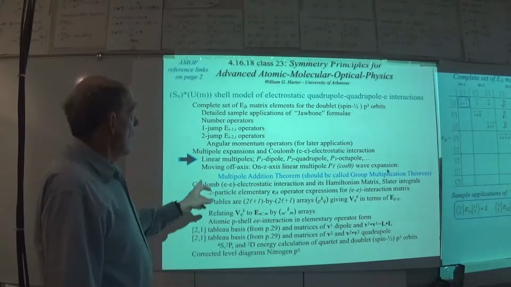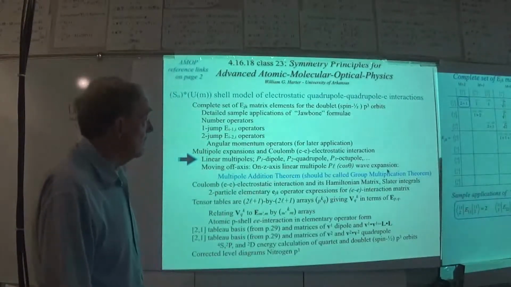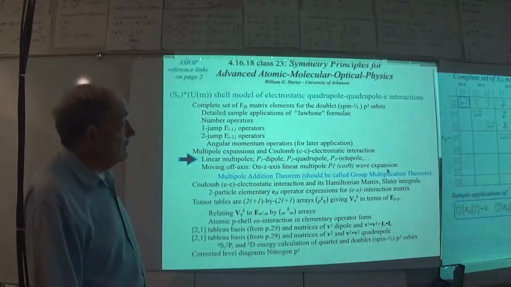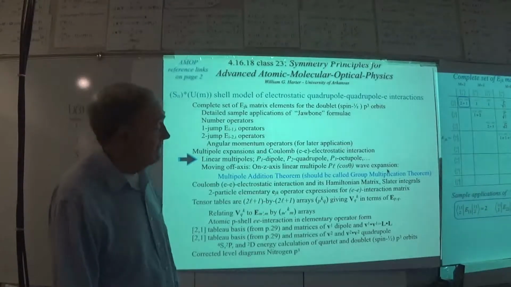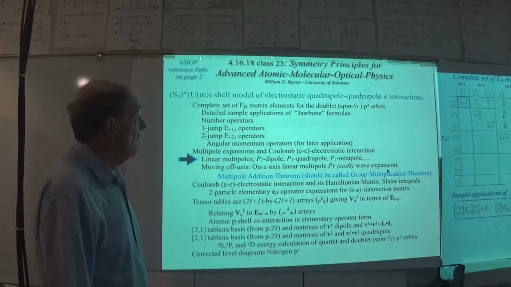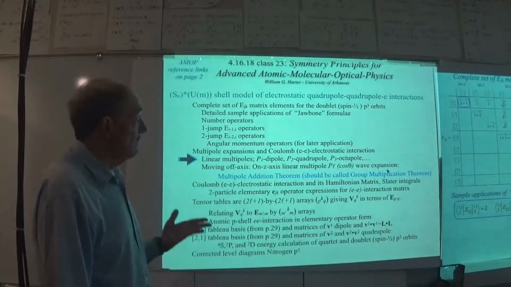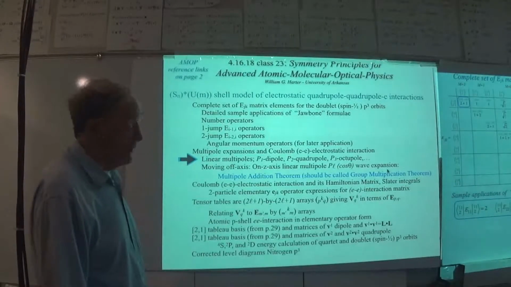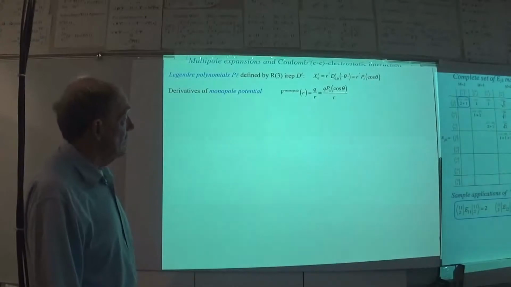So I first want to go over again. We've already looked at these once, but it doesn't hurt to look again at the dipole, quadrupole, octupole, hexadecapole, etc. And the Legendre functions, where they come from, just to remind you of the source of that very important mathematics. This is such a beautiful piece of mathematics.